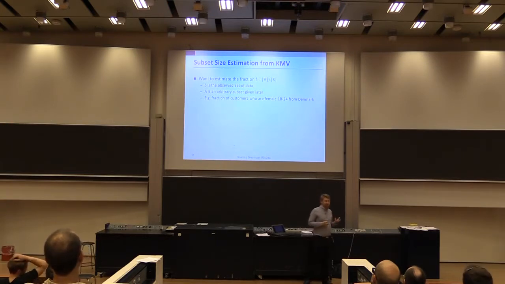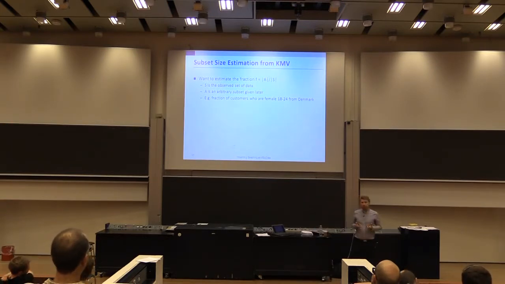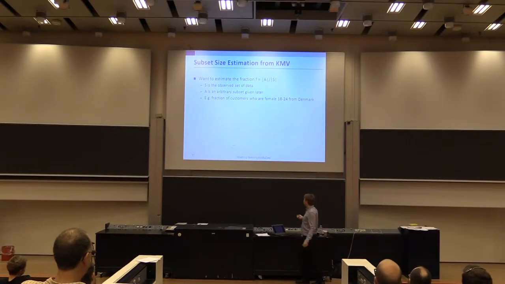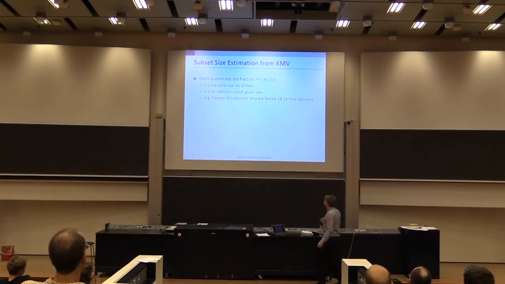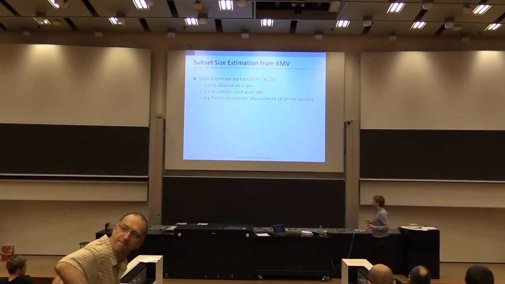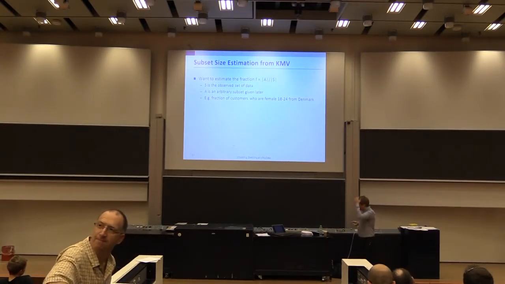Can we again estimate the cardinality, or the fraction, of a particular subset of elements that we've seen? In other words, we saw some observed set of data, I built some summary, and then after the fact someone comes along and asks, what fraction of elements from the original data fell into some arbitrary subset?